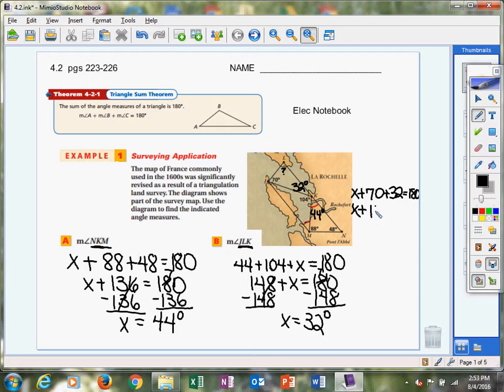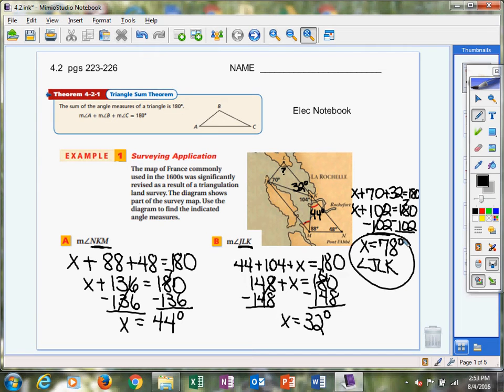I think that's 102. And then we'll take 102 away from each side. Okay, so I think our missing angle is 78 degrees. And that's what we're after. They're wanting to know, well, how big is JLK? And this is angle JLK right here, 78 degrees.